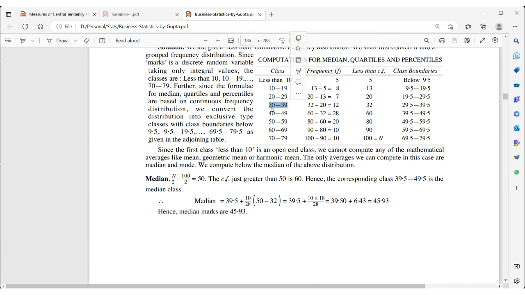In this case, the value of L is 30. Value of frequency is 12. Difference H is 10, in all cases, right? And the value of capital C, the cumulative frequency preceding this, is 20.